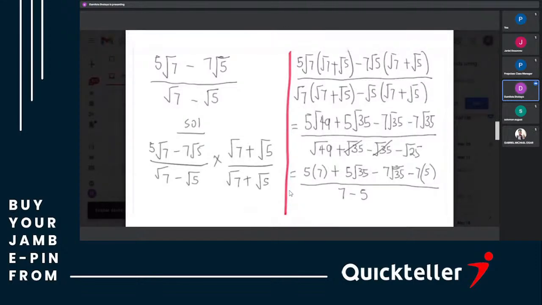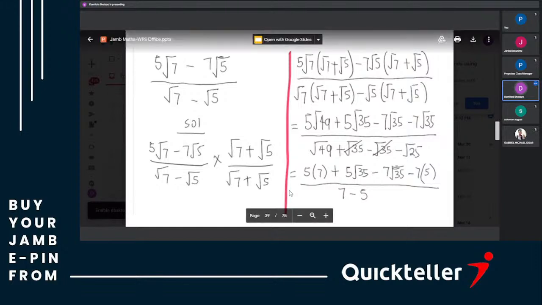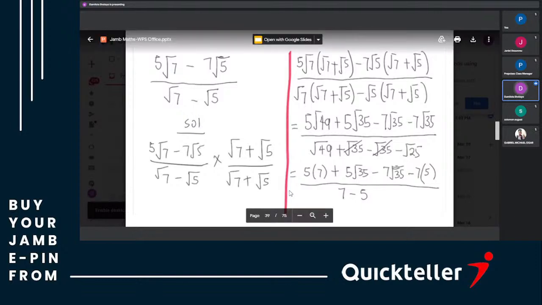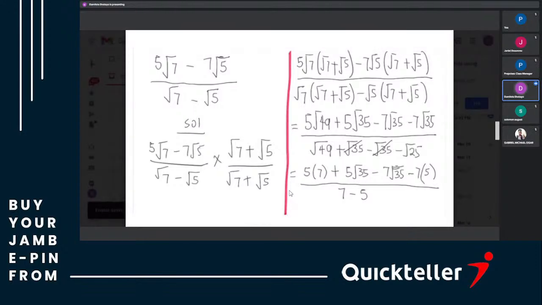Now below: root 7 times root 7 is root 49. Root 7 times root 5 is root 35. Minus root 5 times root 7 is minus root 35. Then minus root 5 times root 5 gives minus root 25. Now 5 root 49 is 35 because the square root of 49 is 7. That means you must know your square roots. Plus 5 root 35 minus 7 root 35, since they are both root 35, they will fuse.